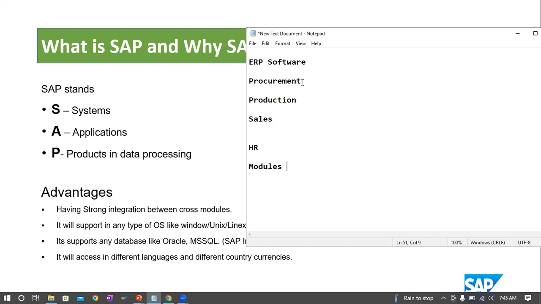SAP ERP software will give you proper integration between procurement to production, production to sale, sale to procurement, or procurement to sale, and ultimately data like attendance and payroll between the workers. SAP ERP software provides all these integrations in an advanced way comparatively with other ERP software.